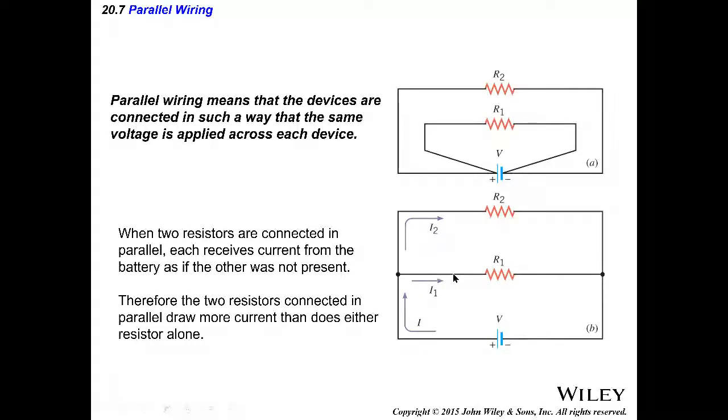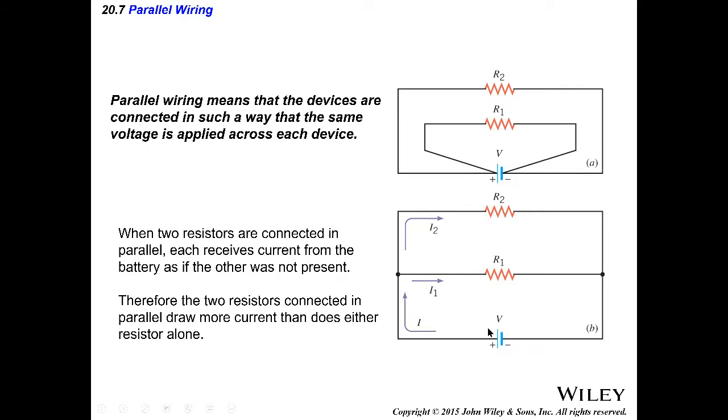And now I1 will go over here, and there will now be a potential difference when it goes through, which is I1 times R1. I2, when it goes through here, will now have a potential difference of I2 R2. But they both must have the same voltage. Why?